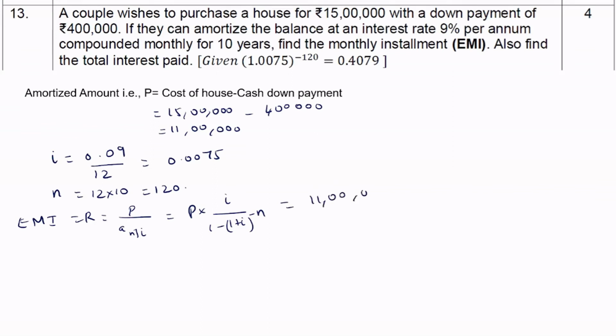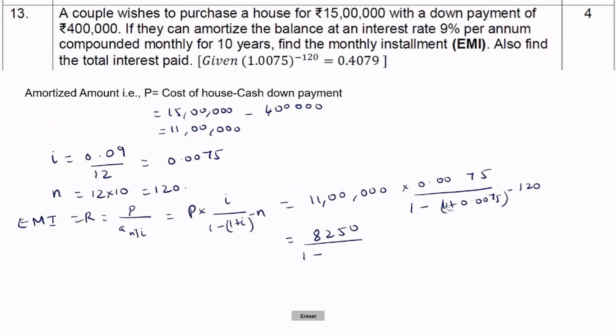P is 11 lakhs, I is 0.0075 upon 1 minus (1 plus 0.0075)^minus n, n is 120. So this is equal to 11 lakh into 0.0075, it is 8,250 upon 1 minus, 1 plus 0.0075 is 1.0075. So 1.0075 the whole raised to minus 120 is 0.4079.